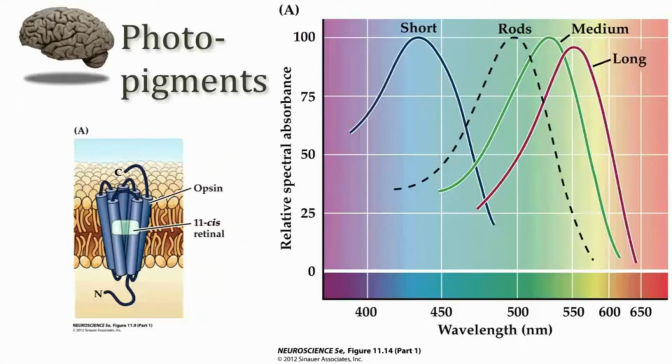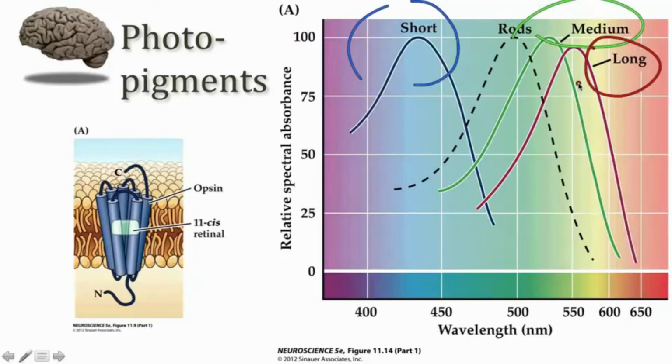Cones contain one of 3 different opsins, and those opsins allow for the fine-tuning of the responses of the 11-cis retinal to either shorter wavelengths of light, medium wavelengths of light, or longer wavelengths of light. And obviously the medium and the long are much closer in their spectral sensitivity than they are to the short. So these 3 different opsin proteins that are found within the cones provide the foundation for color vision. We'll say a little bit more about color vision as we move on in our studies of vision.